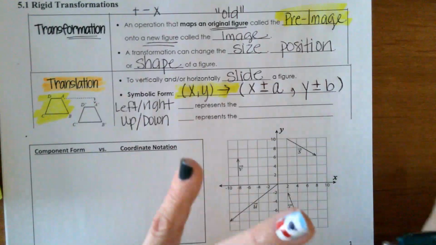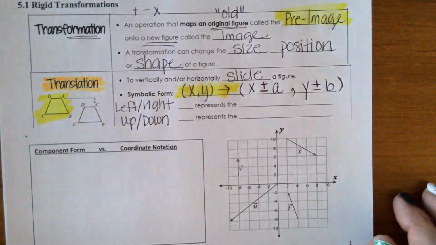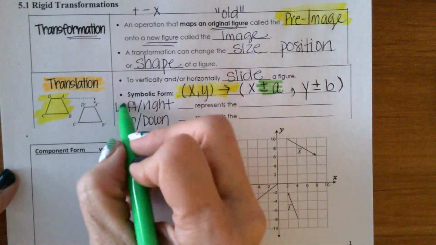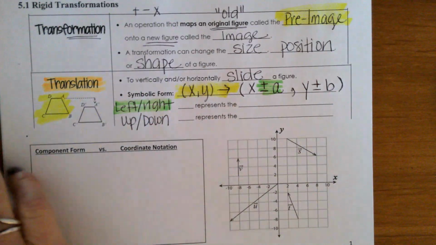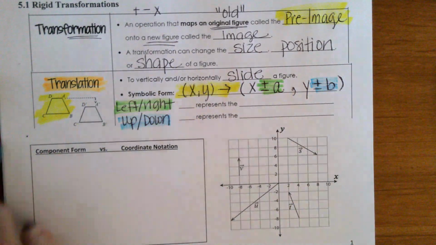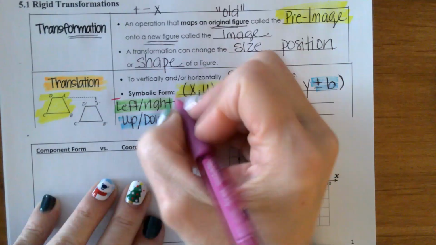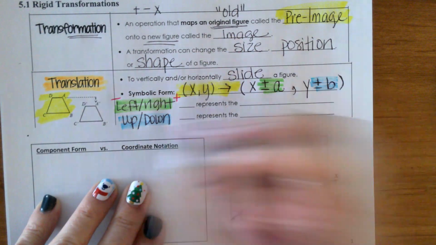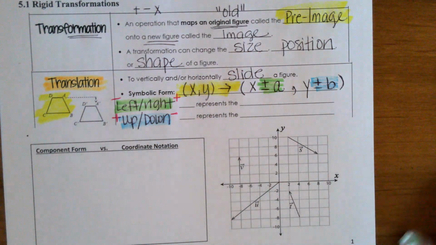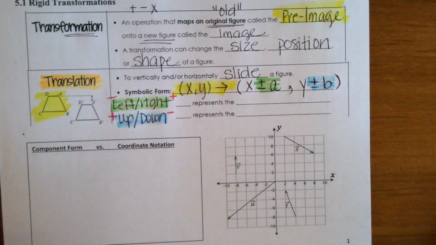A and B are just numbers, but since this is a generic rule, we're just writing A and B. The plus or minus A is moving left or right. The plus or minus B is the up or down. Left is going to be minus, right is going to be plus, up is a plus, down is a minus. Those things make sense if you think about your number lines.